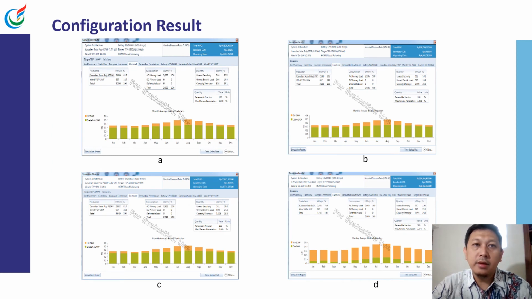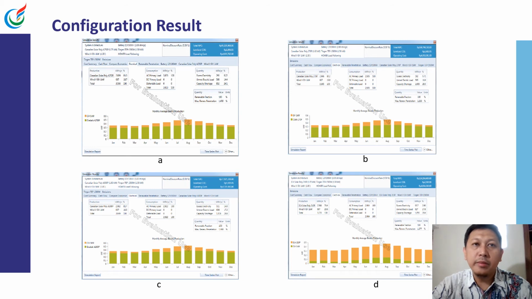Figure A shows the electricity production, namely electricity production from PV of 2,099 kilowatt hours per year and from wind turbine of 663 kilowatt hours per year, and the total electricity production generated is 3,566 kilowatt hours per year.